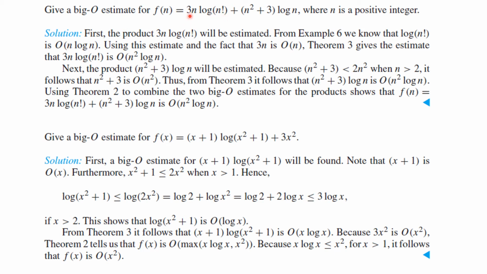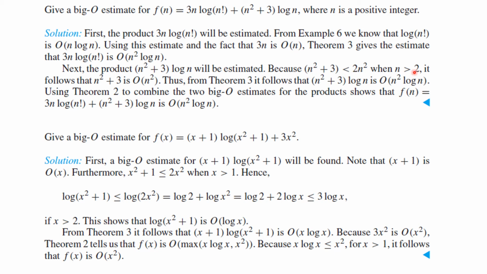But we know that 3 to the n is big O of n. So we're taking big O of n times big O of n log n, and that gives us big O of n squared log n. Again, think about this. The next product term has n squared plus 3 times the logarithm of n.